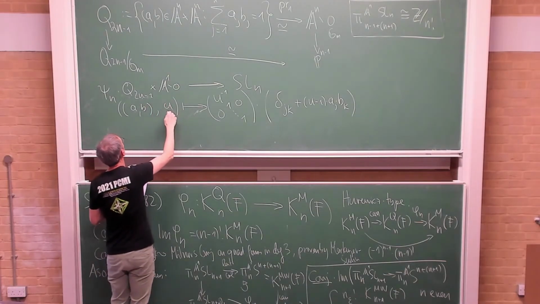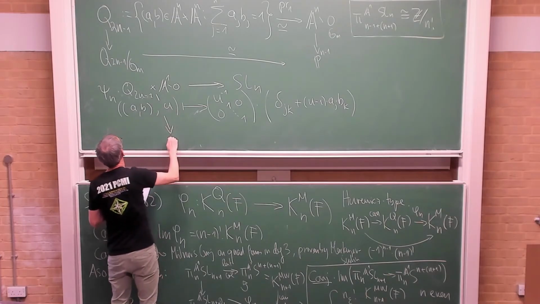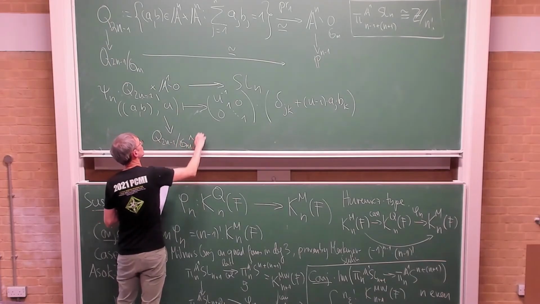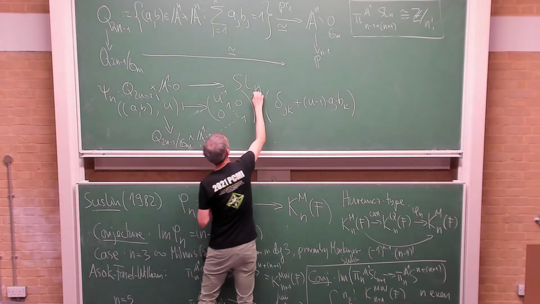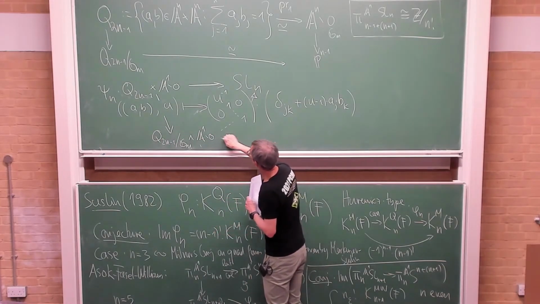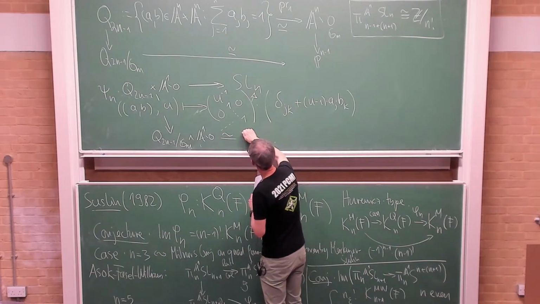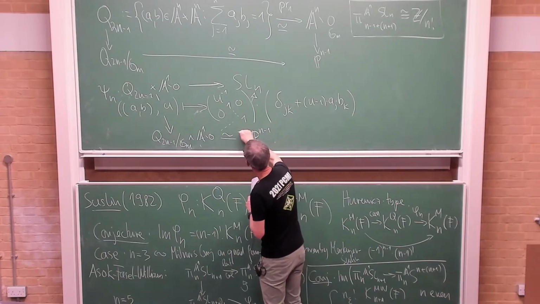So this map psi_n induces a map on Q_{2n-1} G_m-smash A^1 minus 0. And this here is, via this projection, then the same as projective space P^{n-1}.